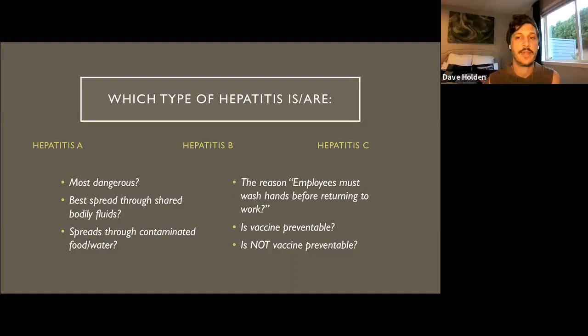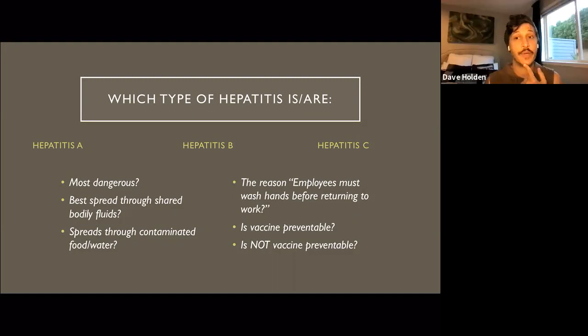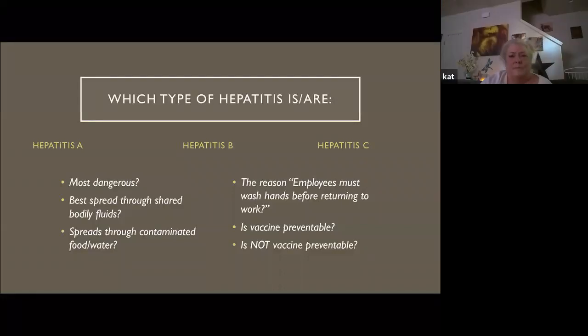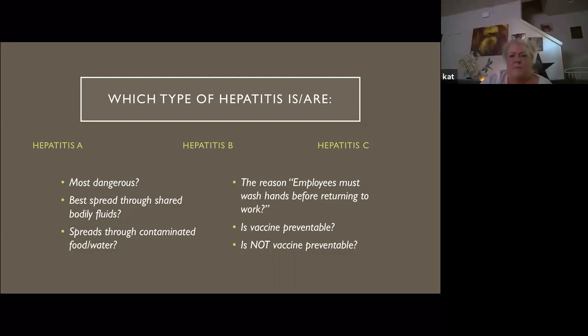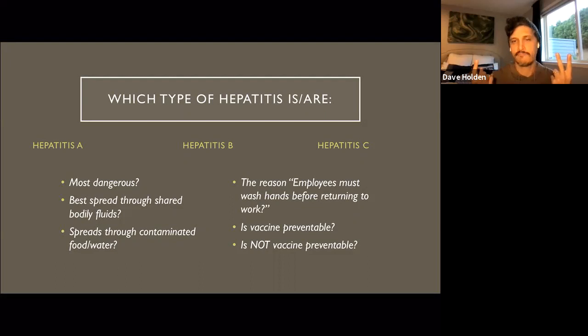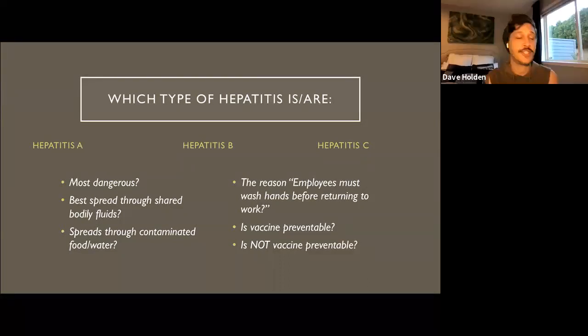Which one spreads through contaminated food and water? A. That is Hep A. Which one is the reason that employees must wash hands before returning to work? Hep A. Which are vaccine preventable? A and B. And which one is not vaccine preventable? C. By elimination. There we go. Great job, you guys.